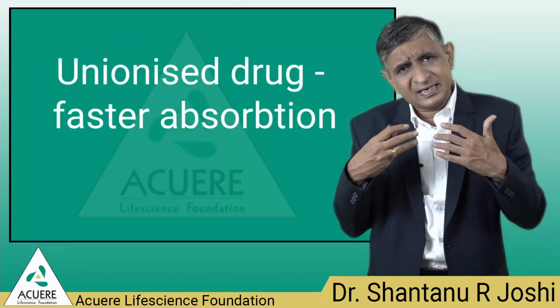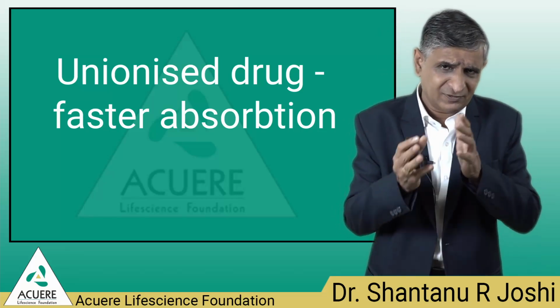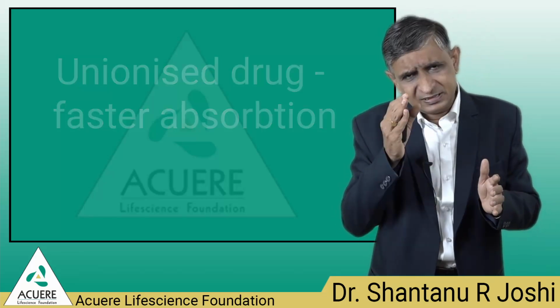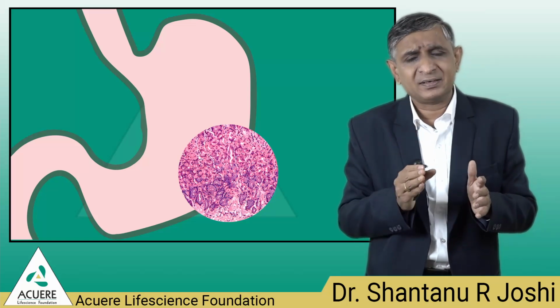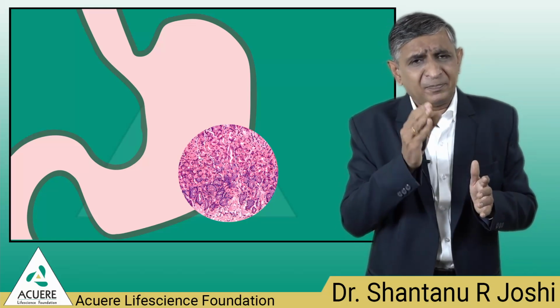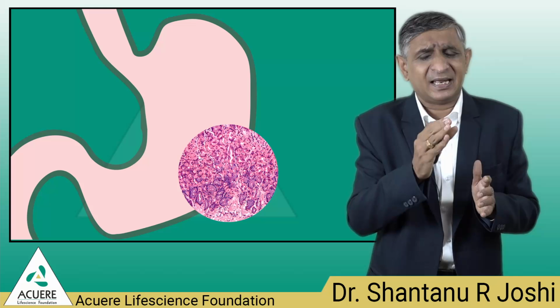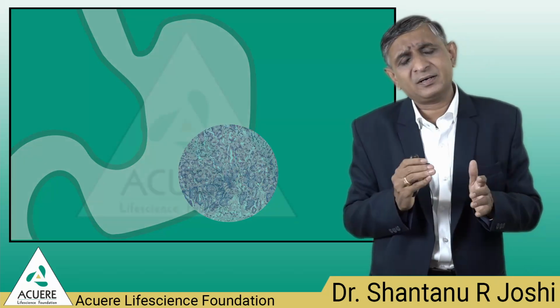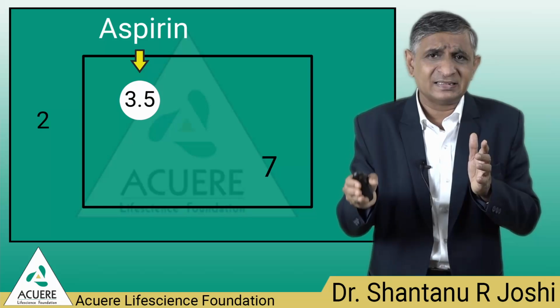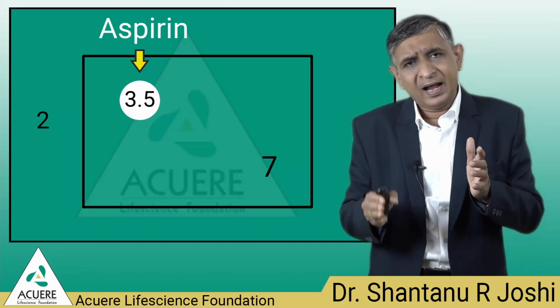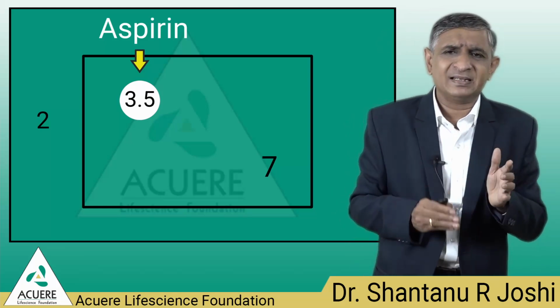And when the drug is unionized, the absorption of the drug is faster. And that is how some aspirin will get absorbed from the stomach. It will move in the epithelial cell, mucosal epithelial cell of the stomach, because medium outside the cell is acidic and the drug is in unionized form. And this is how it will move inside the cell.